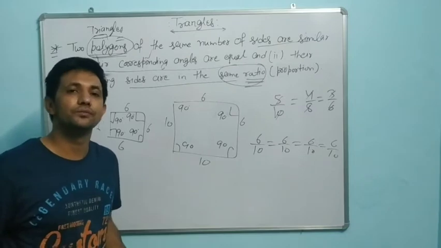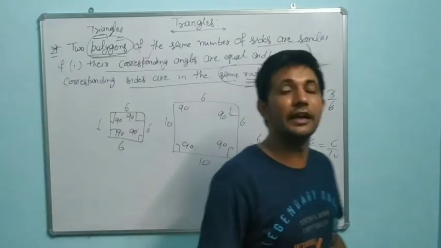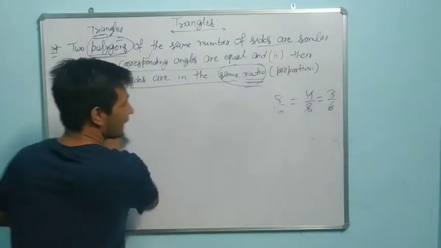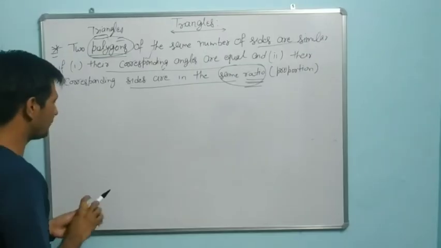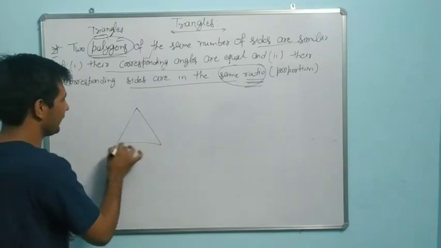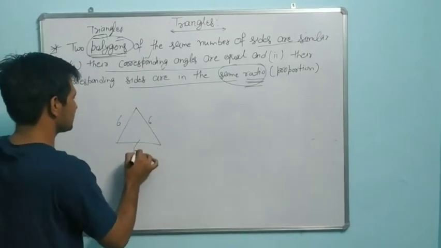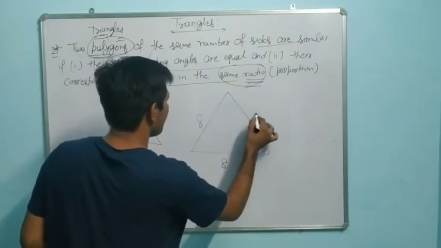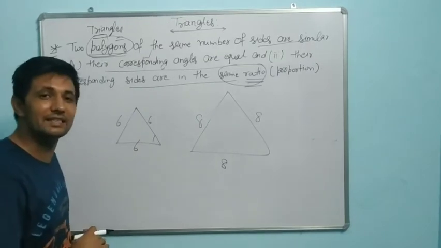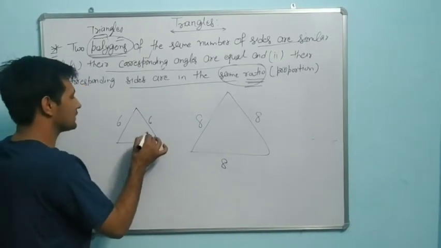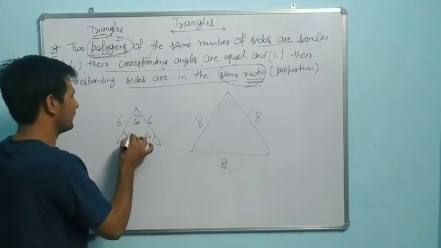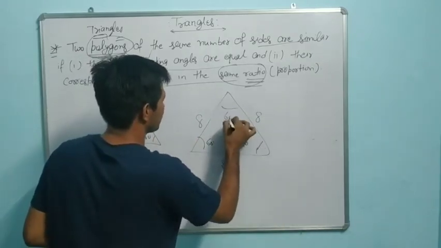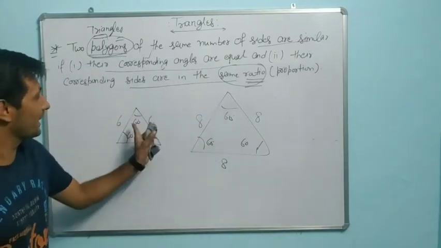Are two equilateral triangles similar or not? Look at two equilateral triangles here. Equilateral means 6, 6, 6 here, and 8, 8, 8 there. Equilateral means each angle and each side are equal. 60 degrees, 60 degrees, 60 degrees here, and 60, 60, 60 there. So are corresponding angles equal?